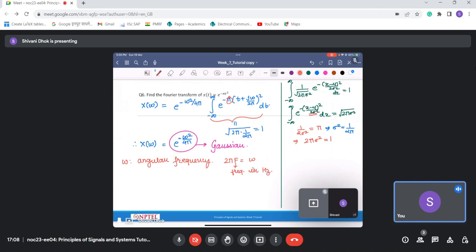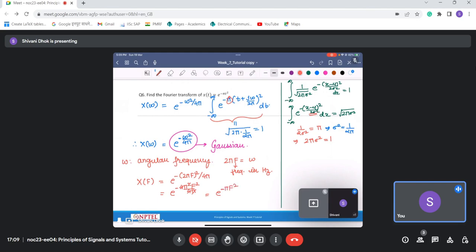If we substitute it back here, x of f can be obtained as e power minus omega square, that is (2 pi f) square divided by 4 pi, and therefore this results in e power minus 4 pi square f square upon 4 pi. This gets cancelled, which is equal to e power minus pi f square.